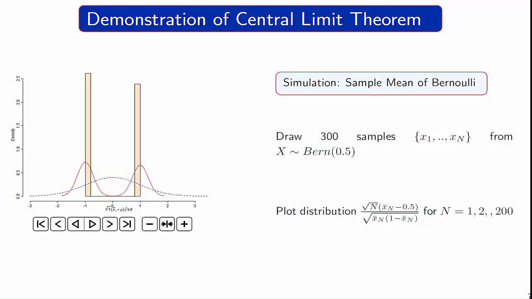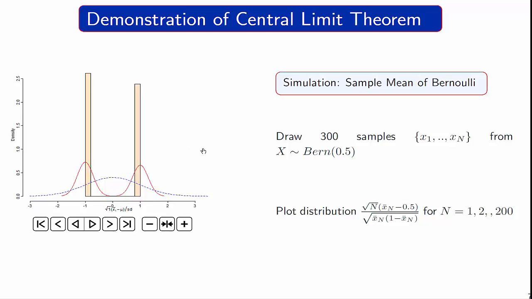We generate a sample, we work out the mean, we do that 300 times, and we can plot the distribution of the sample mean for that sample size. So, for example, n equals 5, we generate 300 samples, work out the sample mean in each case, then we construct this statistic here from the previous slide, and we show, as we've seen, by the central limit theorem, this should behave like a normal 0,1 as n gets bigger and bigger.